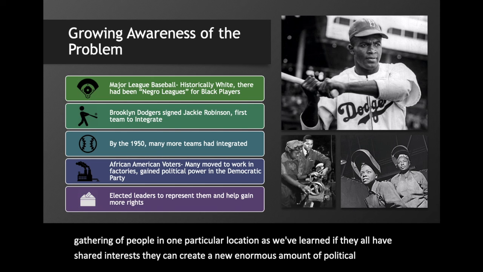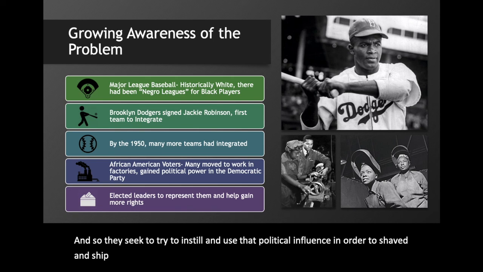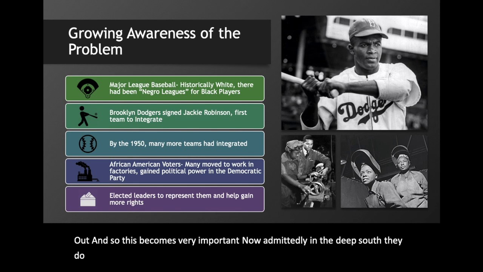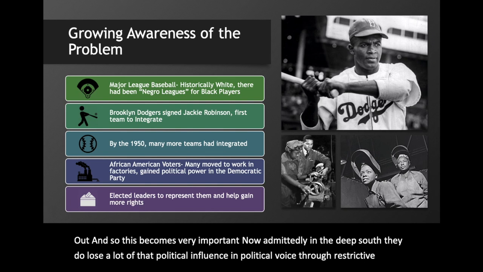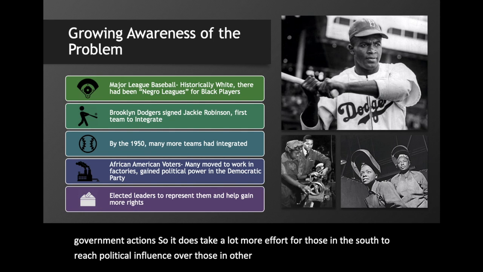And so they seek to use that political influence in order to shift policies that would benefit them and help them out. And so this becomes very important. Now, admittedly, in the Deep South, they do lose a lot of that political influence and political voice through restrictive government actions. So it does take a lot more effort for those in the South to reach political influence over those in other areas of the country.